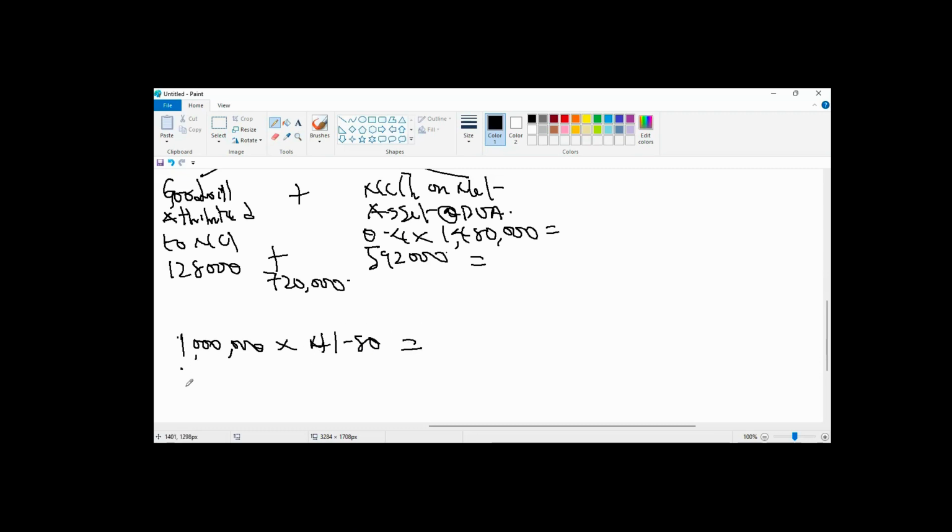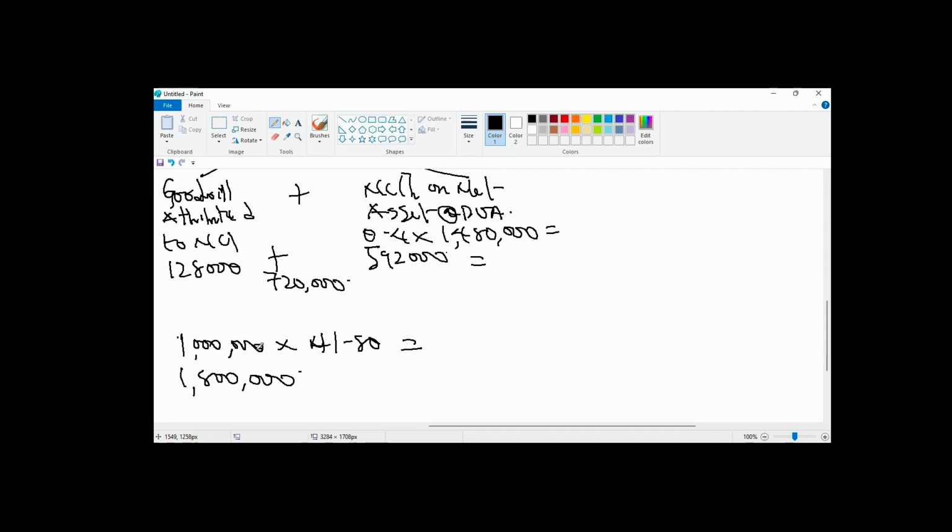So I'm going to pay 1.8 million for the acquisition, because the market price per share is 1.80 kobo. That is the amount you pay.